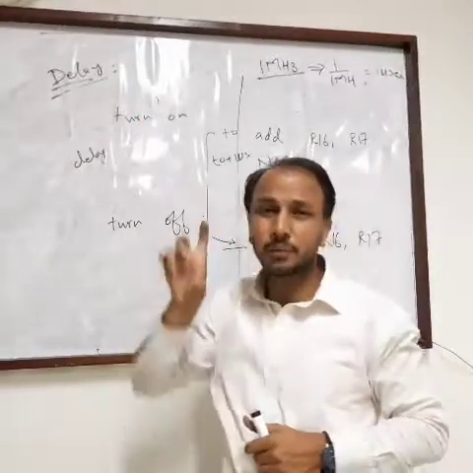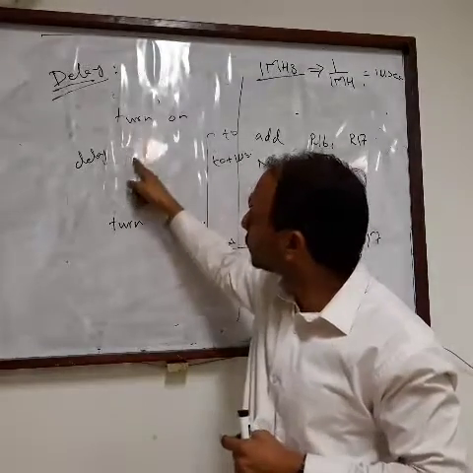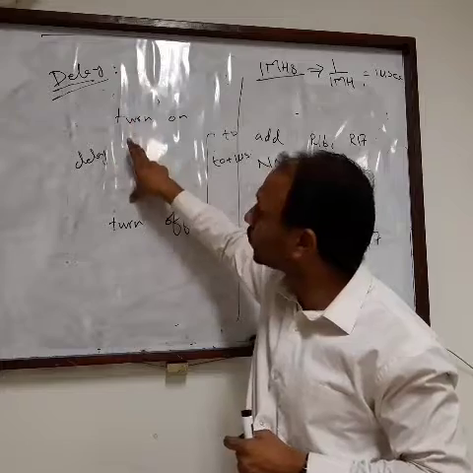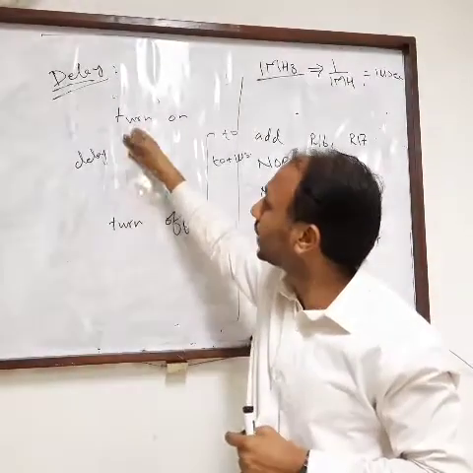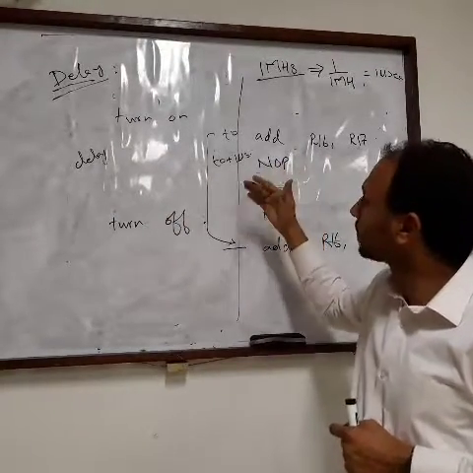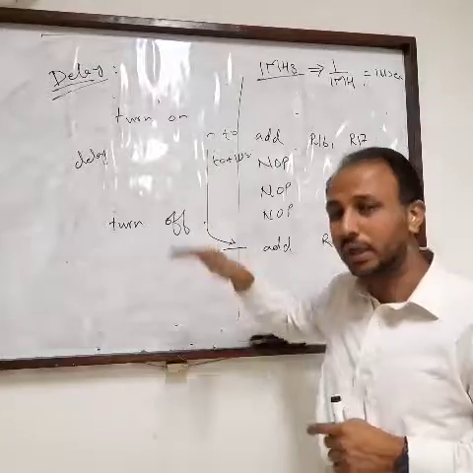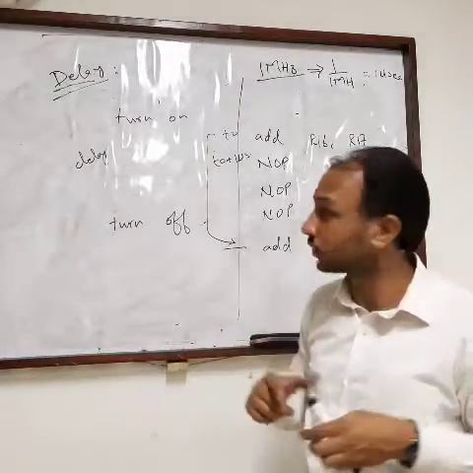Delay is the time period used between two instructions or two processes, and it can be spent by keeping the processor busy in a task that may or may not be useful.